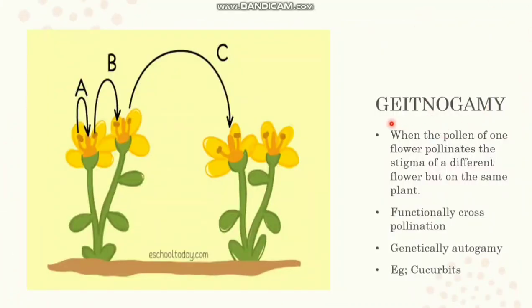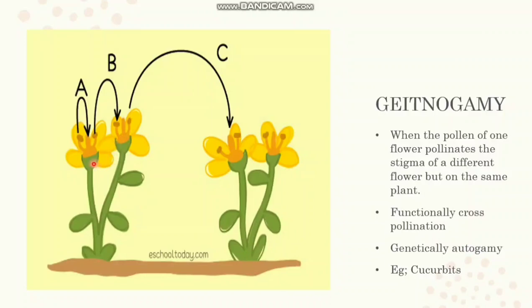Next, what are the requirements for geitonogamy? Geitonogamy takes place between flowers located on the same plant. Example, cucurbits. In the cucurbits, they produce unisexual flowers. Both pistillate and staminate flowers are present on the same plant. So when pollination occurs between them, such pollination is known as geitonogamous pollination.